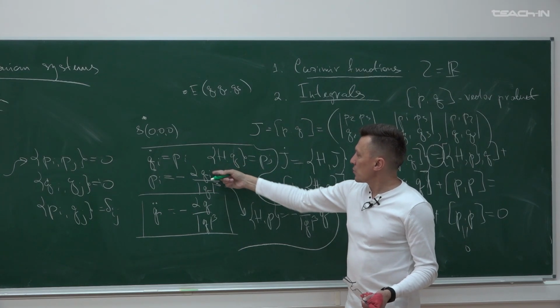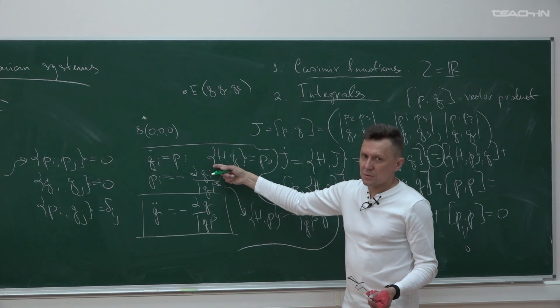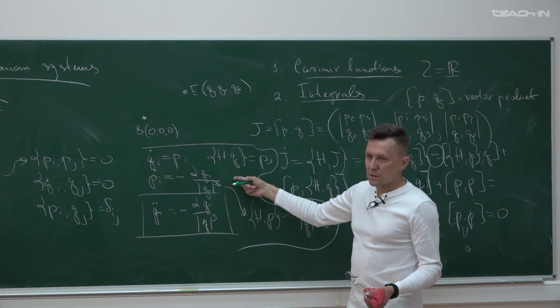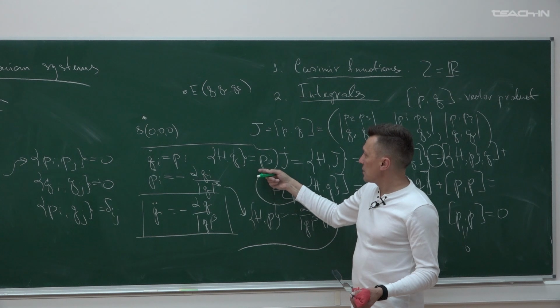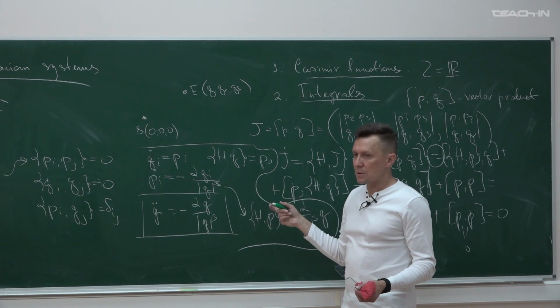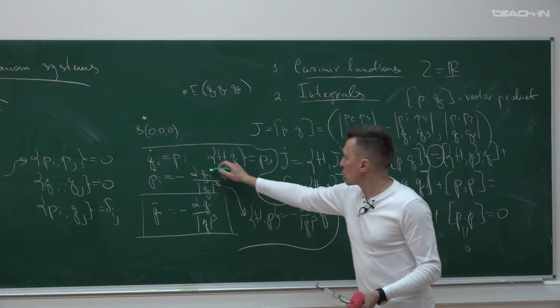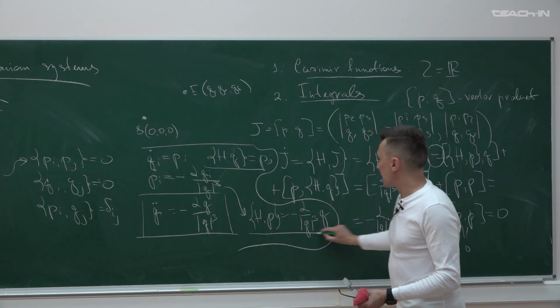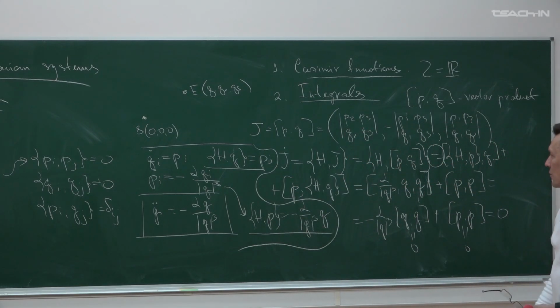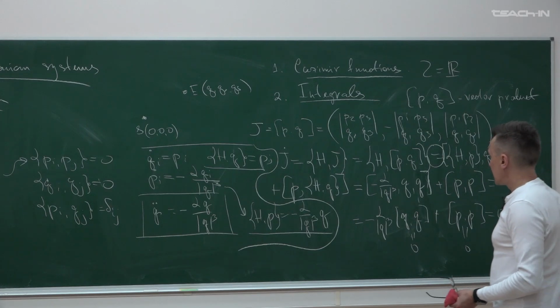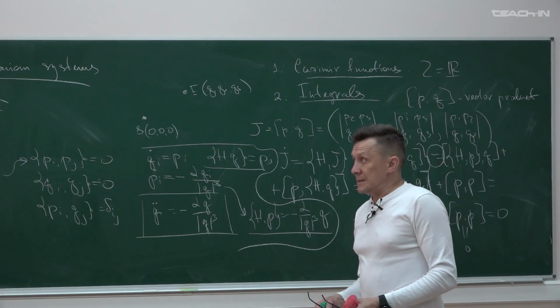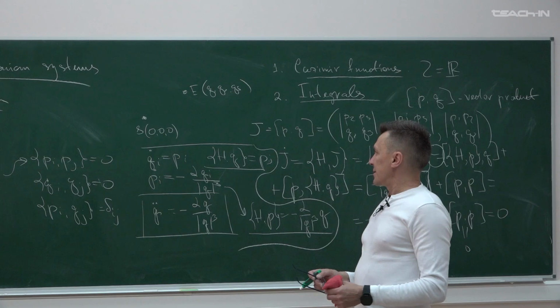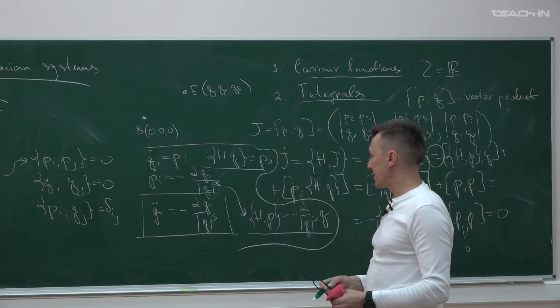And we can calculate the Poisson bracket of h, a function, with all coordinates of vector q. And we will obtain the vector p. So these are very convenient notations for vector calculations. Is it a little bit clearer? Okay, thank you.